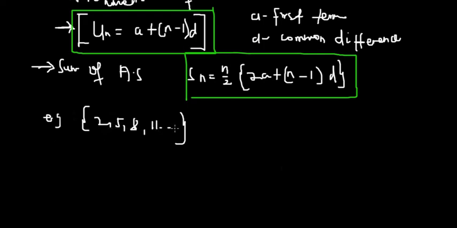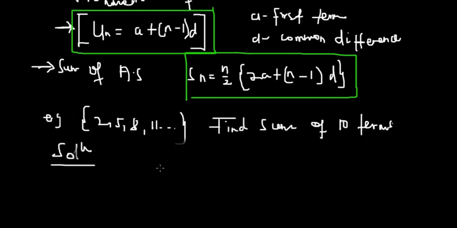From here you can notice that this is an infinite sequence because it doesn't have any ending. Infinite, infinity, that's where we get the name from. So we are told to find the sum of 10 terms.